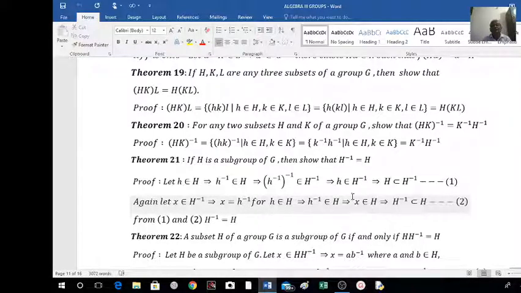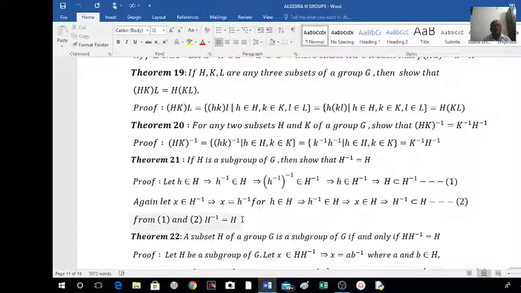It is nothing but x. So x belongs to H. I have taken x belongs to H inverse and proved that x belongs to H. This shows that H inverse is a subset of H. I will take this as 2. From 1 and 2, we can write H inverse is equal to H.